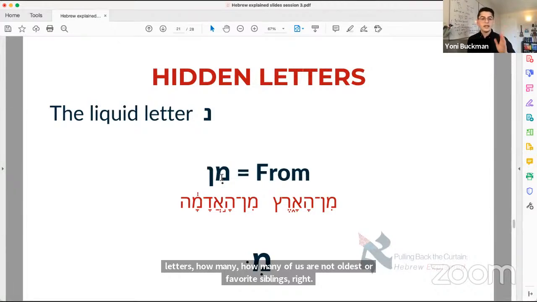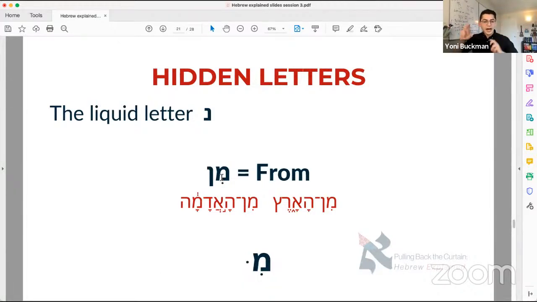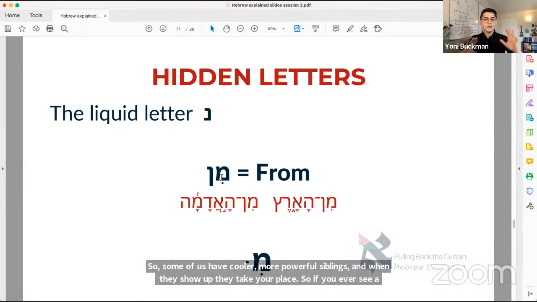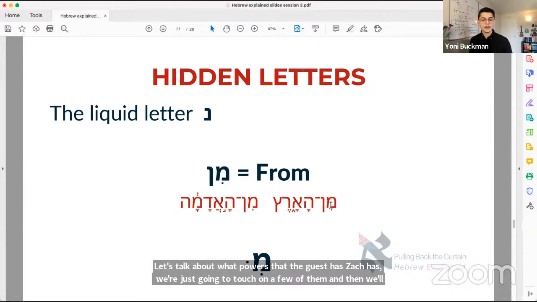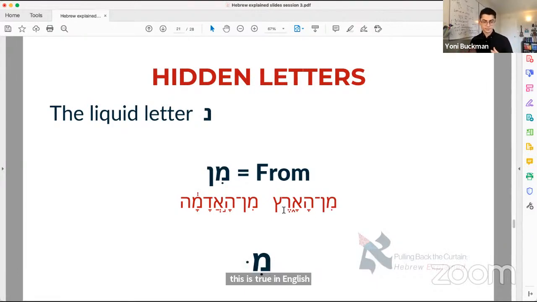So one is it hides these liquid letters, okay? And one of the most famous liquid letters, and this is true in English too, is the nun. The word min means from, okay? You'd stick it behind something. So min haaretz is from the earth, min ha'adama, from the land.